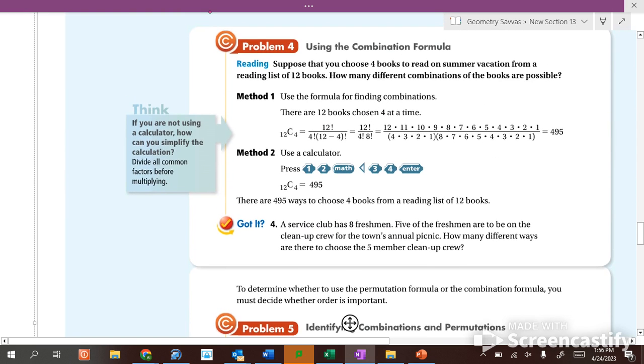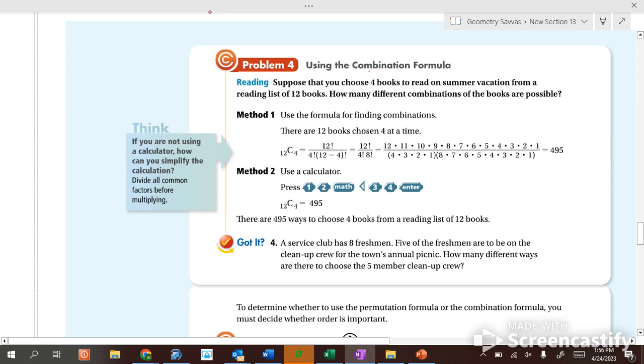Okay, so suppose you choose to read 4 books on summer vacation from a reading list of 12 books. Does it matter the order that you read them in? No, if they're just 12 random books. Now, if you're reading The Lord of the Rings, you'd want to read the first one, then the second one, then the third one.